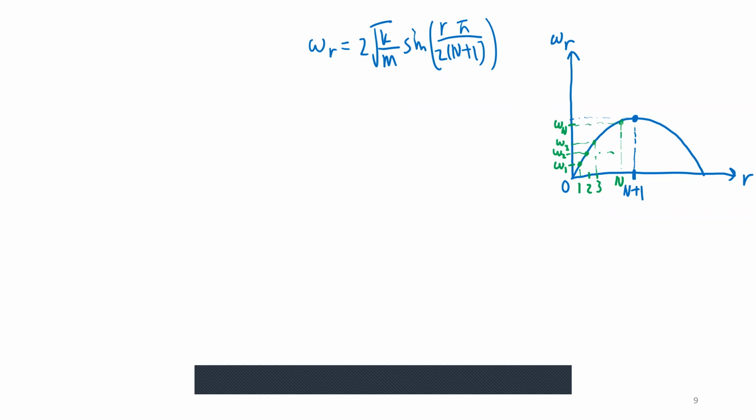And once you go beyond n, this is n plus 1, and then n plus 2 would be somewhere here. And this is my omega n plus 2. You can see that omega n plus 2 is just equal to omega n. If you go further, you'll find that omega n plus 3 is just equal to omega n minus 1, and so on.